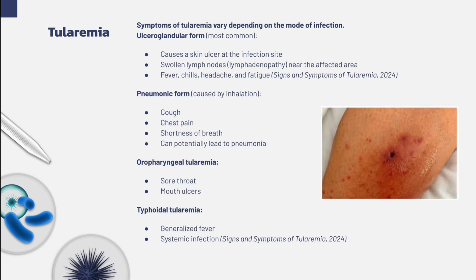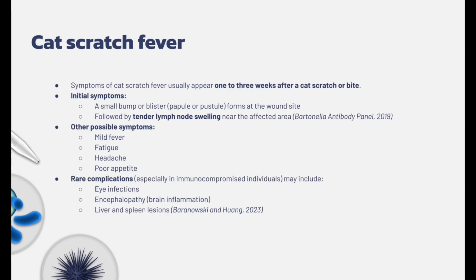The symptoms caused by inhalation are coughing, chest pain, shortness of breath, and can potentially lead to pneumonia. Oropharyngeal tularemia symptoms are sore throat and mouth ulcers. The last is typhoidal tularemia, with generalized fever and systemic infection.